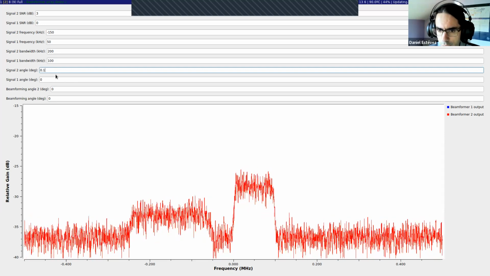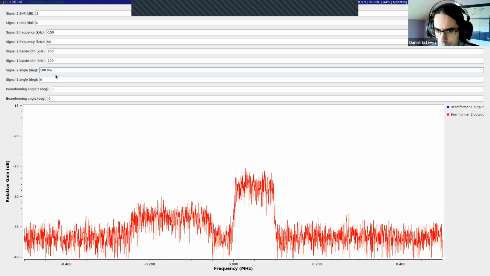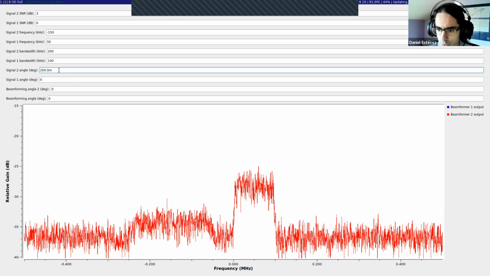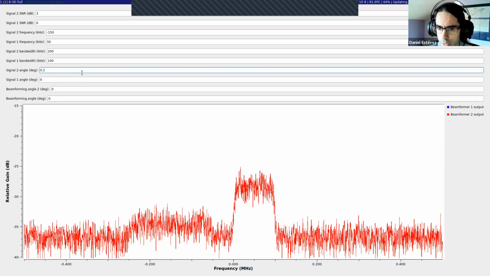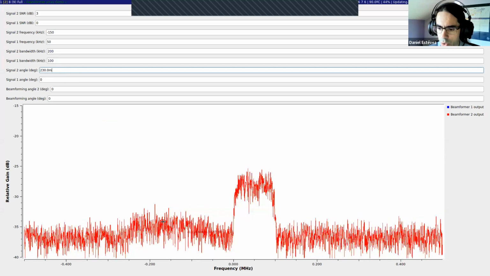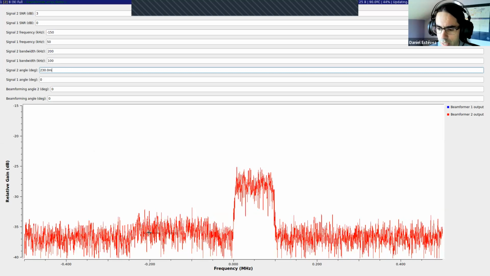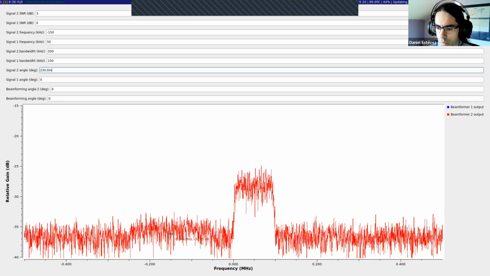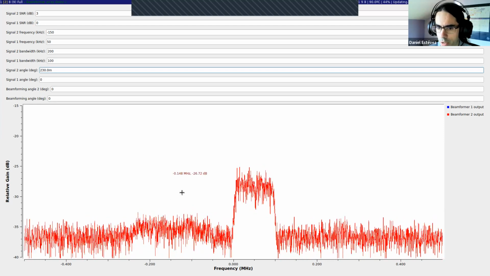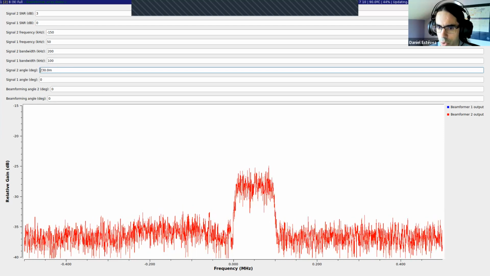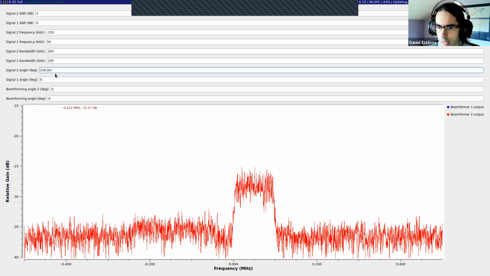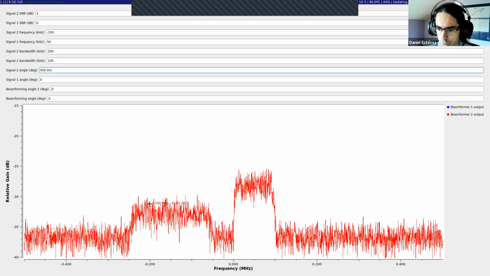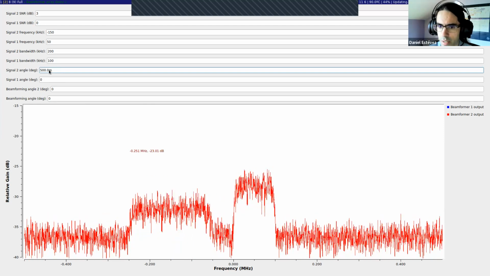Oh, sorry, that was too much. What am I doing here? 0.19, 0.12. If I continue, then this decreases, and I'm not going to do this for all the possible angles, but if you do this, you can see that the signal comes on and off, and as you keep going away from 0 degrees, the signal is even weaker, or is supposed to be weaker.